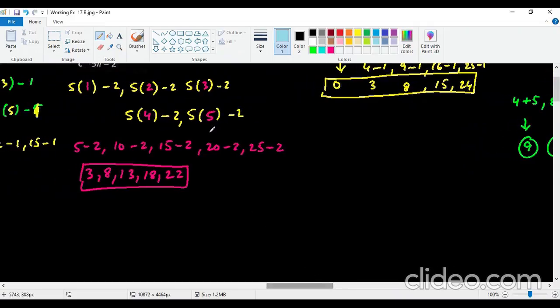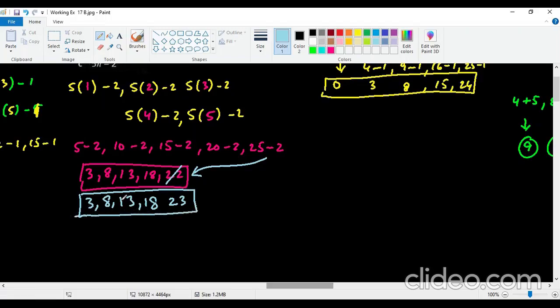So 25 minus 2 is going to give us 23 instead of 22. So this is wrong. And 3, 8, 13, 18 and 23 is the correct answer. You must have noticed this, and I also noticed at the same time.